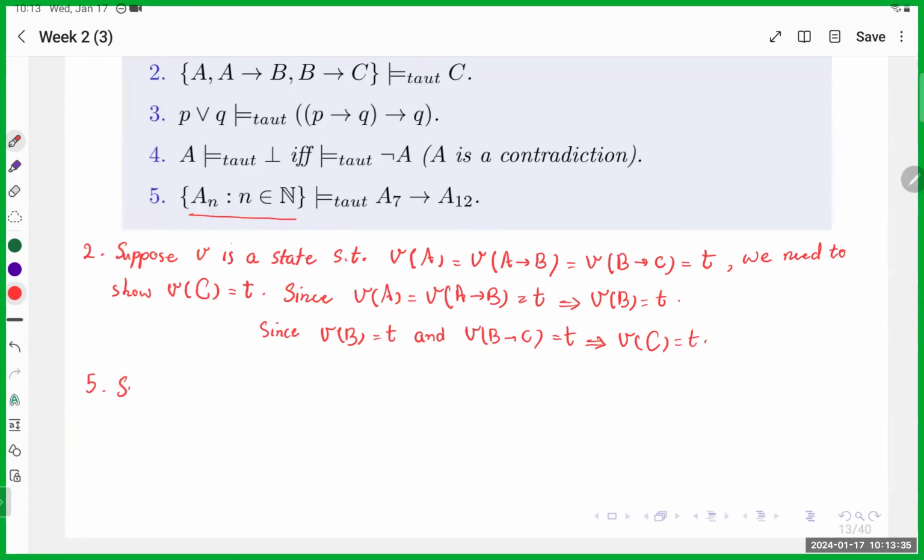Again, you need to only prove that this formula is true for the state V that satisfies the hypothesis.